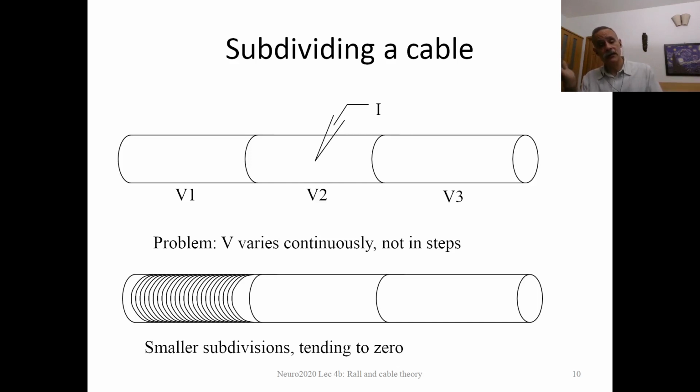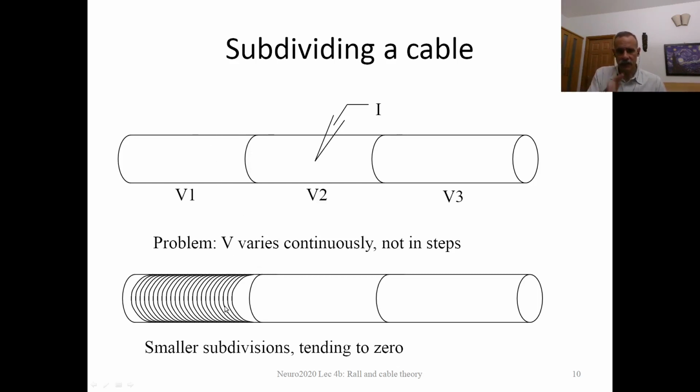So now think back to your high school days when you were just beginning calculus and you kept hearing this thing, right? That the way you handle something which varies continuously is you approach it by making the subdivision smaller and smaller, and in the limit, as it tends to zero, it will give you the same mathematical properties as you would get from the truly smooth distribution. And that's what you do. You take these compartments and you subdivide them.